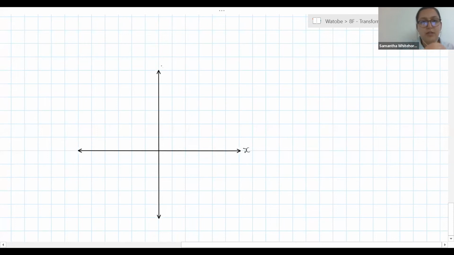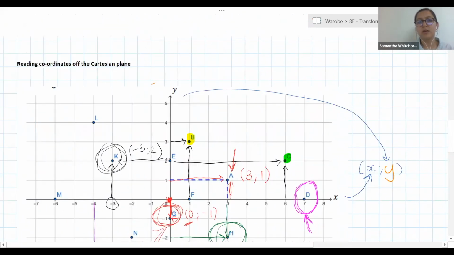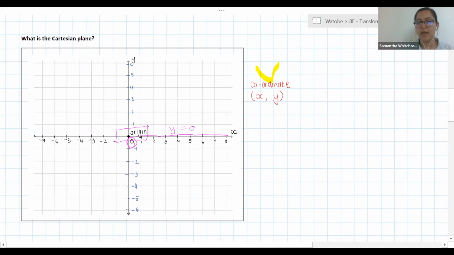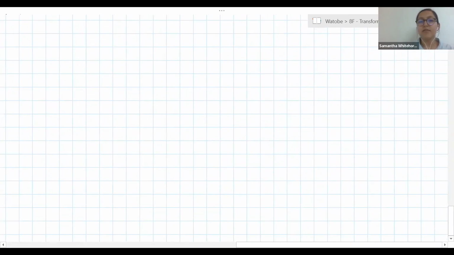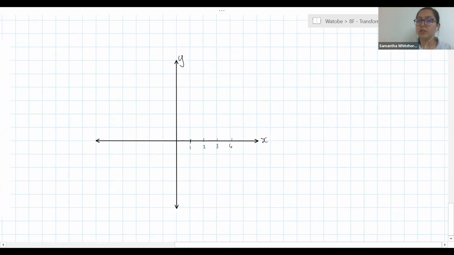You will obviously do it nicely with a ruler, nice straight lines like I've done here. And then we just plot our values. 1, 2, 3, 4, and so on. So very similar to what I did with this Cartesian plane here. I had just already drawn the lines for myself. Once you've done that, as long as you know what coordinates you're trying to plot, you really just plot them as you go along.